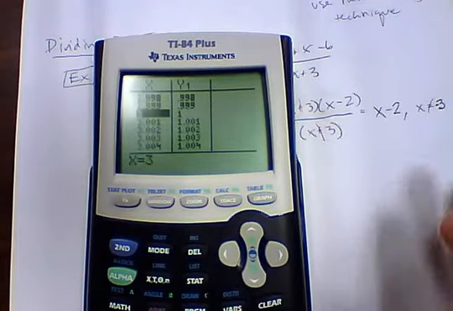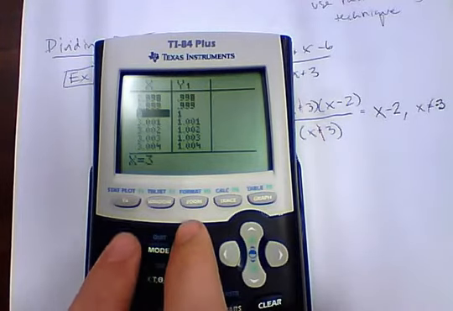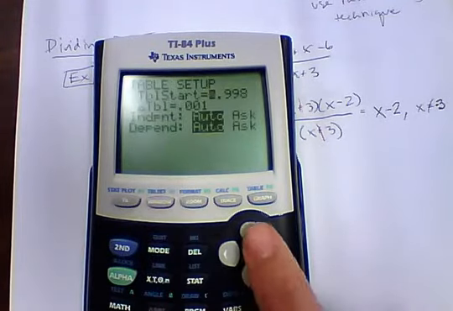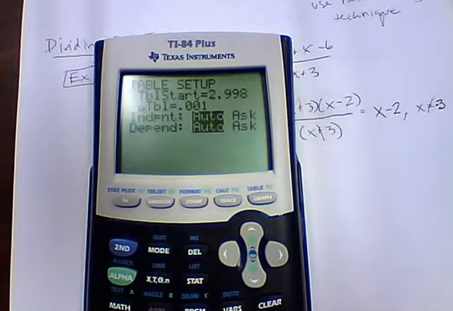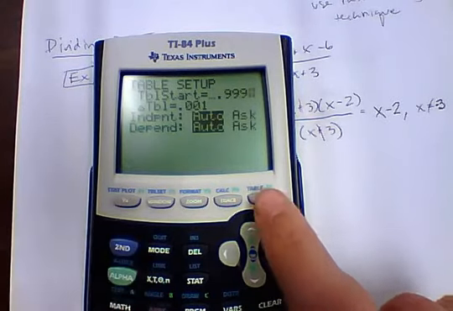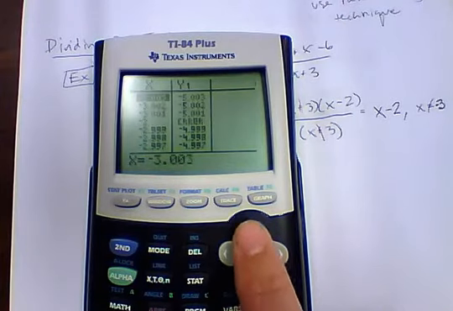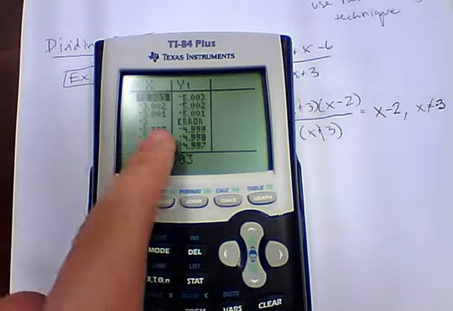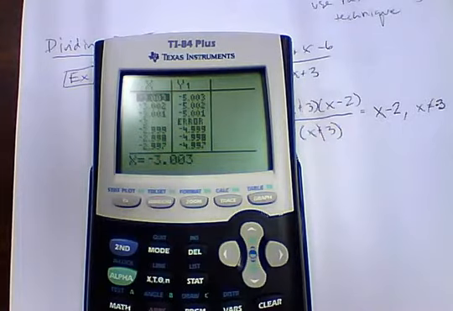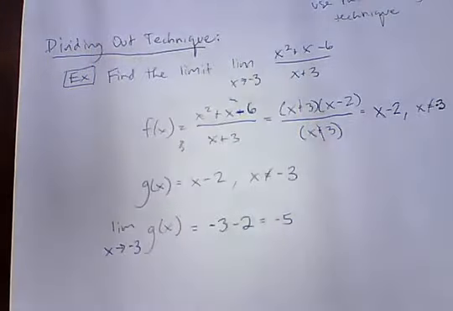Let's make sure we start at our actual point. We need to start at negative 3, pardon me. So go back to second window, and let's start at negative 2.999. Okay, that'll be closer to what we want. Now press second graph again. Here we go, and we can see clearly in there that at negative 3, there is an error. So the hole is there, it just might not show up in your graph.